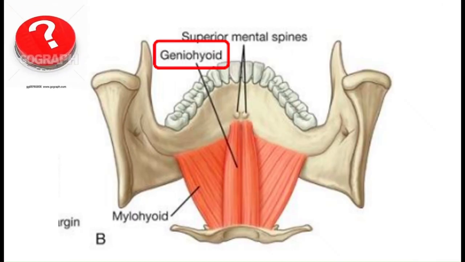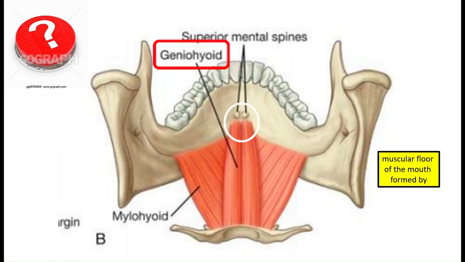What is this view? This is a diagram showing an inside view of the mouth after not showing the tongue, and this is the muscular floor of the mouth, formed by, first of all, this muscle here, and inside this circle you can see 4 genial tubercles in the anterior part of the inside of the mandible, and the superior genial spines, or also called mental spines, will give origin to the genioglossus.